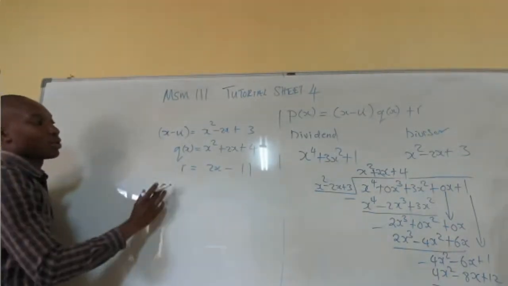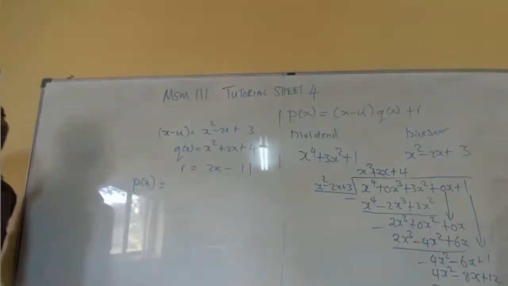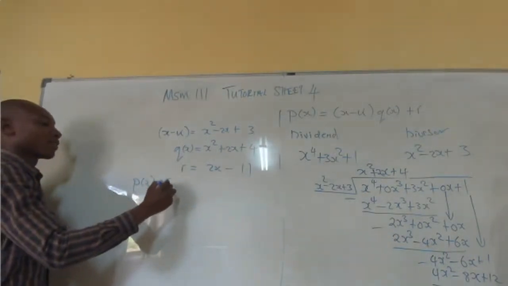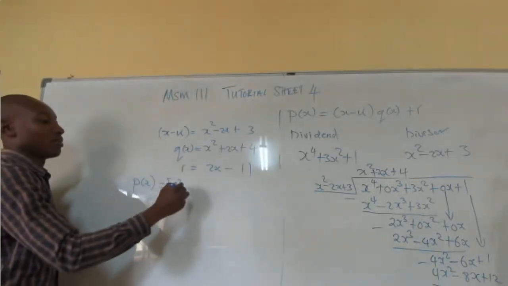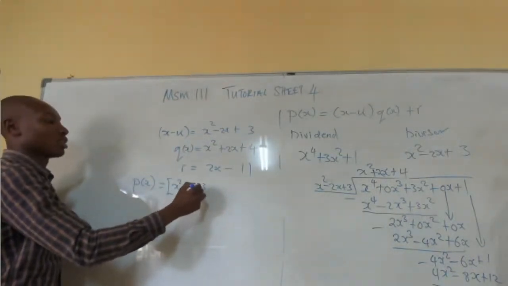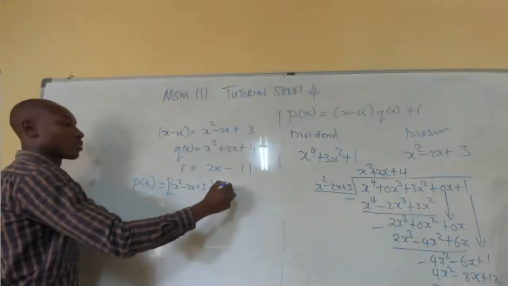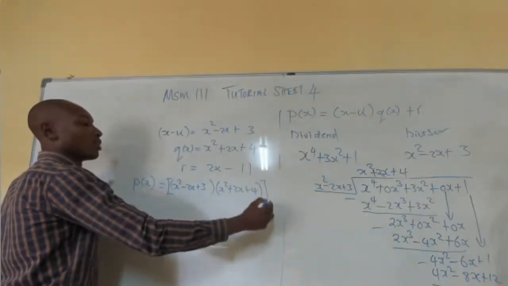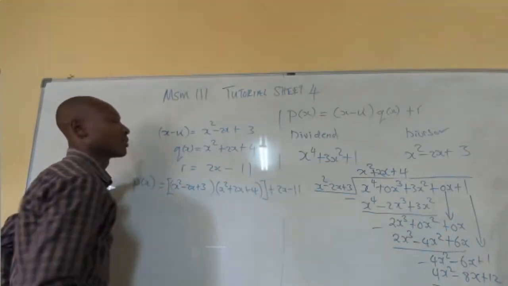So if we're going to write this in terms of p(x), we're going to have p(x) is equal to x squared minus 2x plus 3, multiplied by x squared plus 2x plus 4, plus the remainder 2x minus 11.